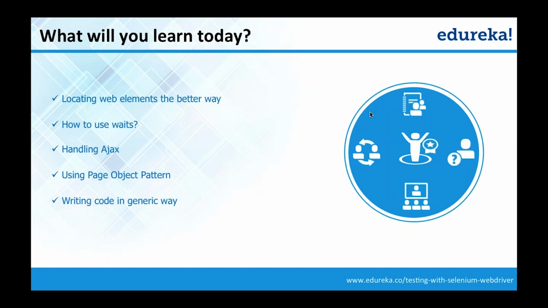Ajax based applications means dynamic applications, where your page is already loaded and a few parts of the page are getting changed without reloading the page or launching a new tab or a new application. You can identify your objects, or even wait for your object to come for a specific period of time. And then in the end we'll see how we can write generic code.